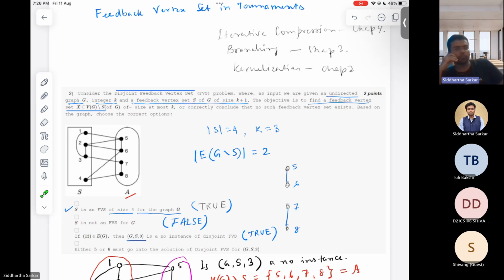And if that is the case, then which is that cycle which will still remain in the graph? So are you understanding what I'm asking?